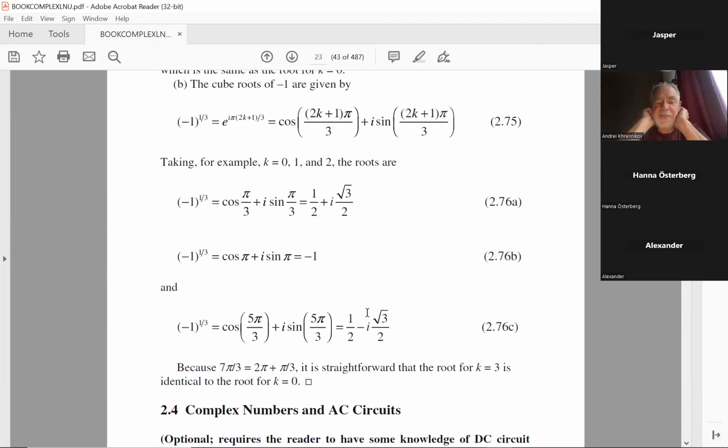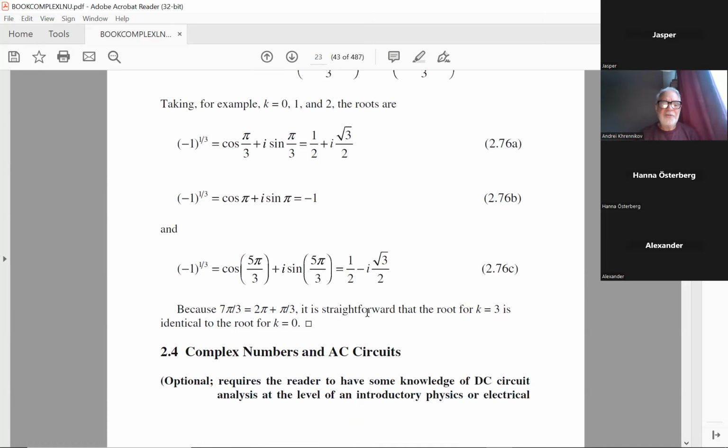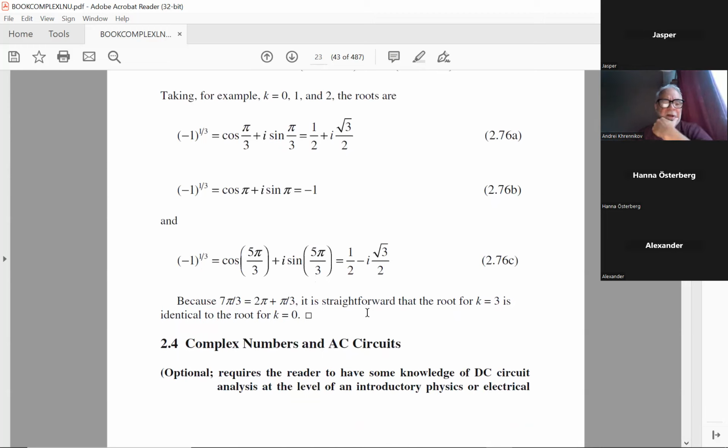In fact, it is algebraic that if you take any polynomial of odd degree, there is always one root on the real line, and other roots would be in pairs, conjugated roots. So this is just a simple example of this very general statement.